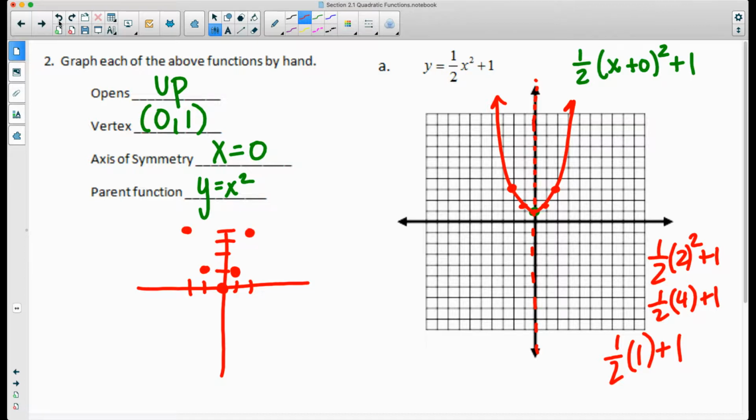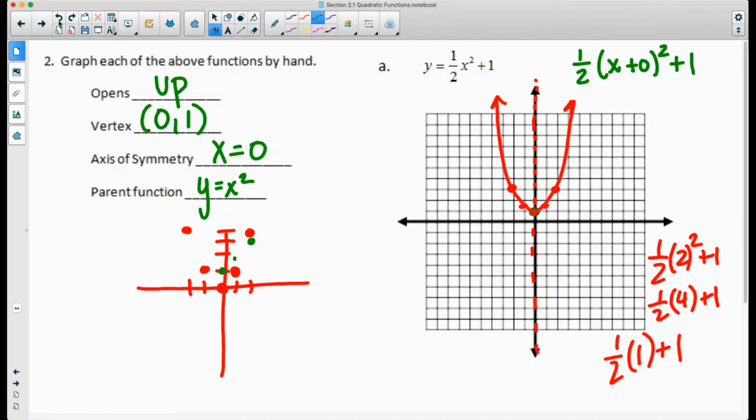If that's our parent function that we learned from the project, I would take every single y value and multiply it by 1/2, so I'd be at 1/2 here, and then you would shift it up 1. Same thing here, if I took 0 and multiplied it by 1/2, I'm still at 0, and I move it up 1. If I take this y value, which is 4, it cuts me down to 2, and then up 1. That's how I'm at 3.